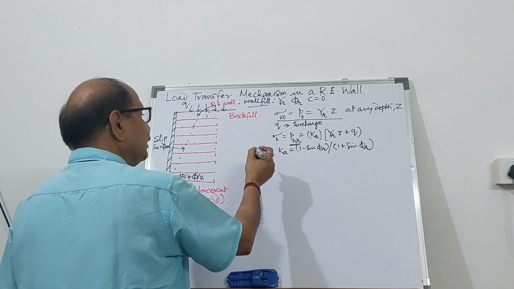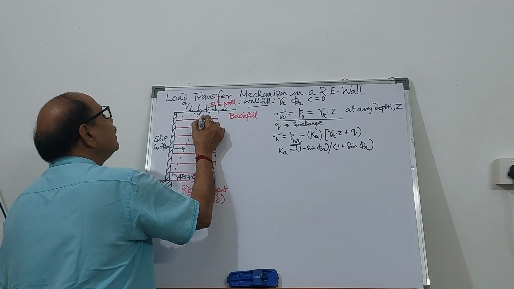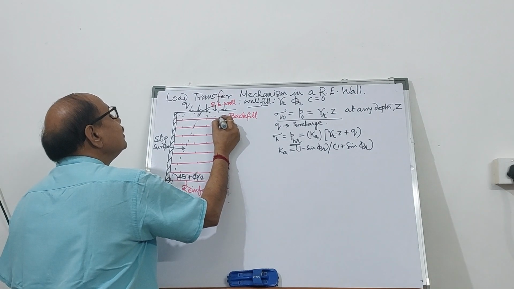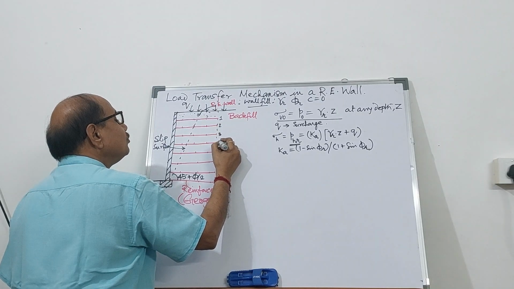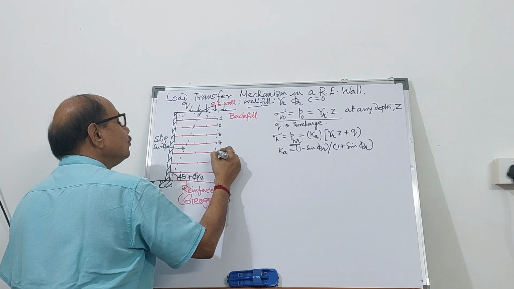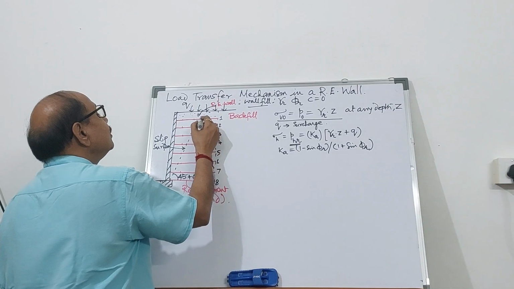So very easy way we know this. And what is the spacing between, this is the layer 1, this is the second layer, this is the third layer of geogrid, fourth, fifth, sixth, seventh, total 8 layers.